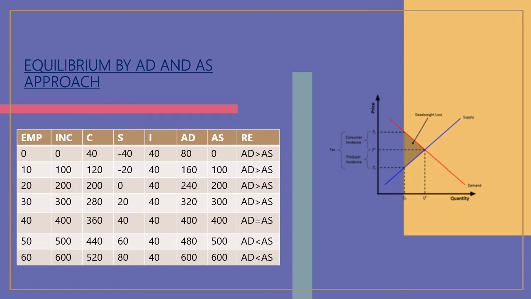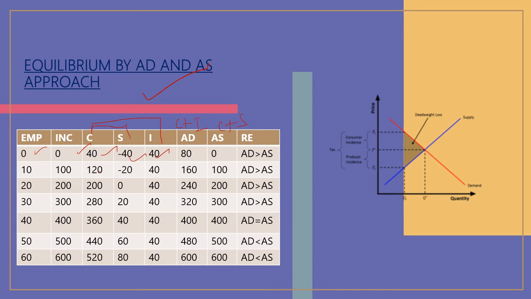Okay, next, equilibrium by the AD and AS approach. This is the aggregate demand and supply approach actually. I have first put the aggregate demand schedule and the aggregate supply schedule together like this, and that is the equilibrium. See where the equilibrium is. Here we have employment, income, consumption, savings, investment. Aggregate demand equal to consumption plus investment. You have to add both: 40 plus 40, 80. Aggregate supply equal to consumption plus savings.